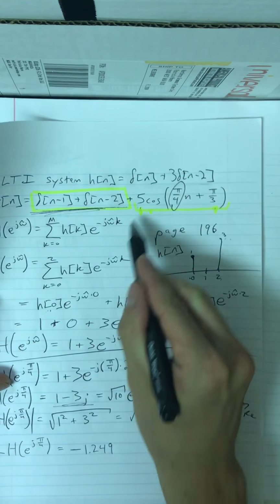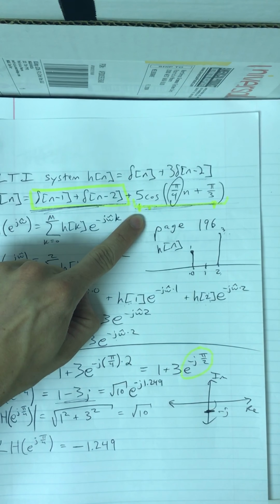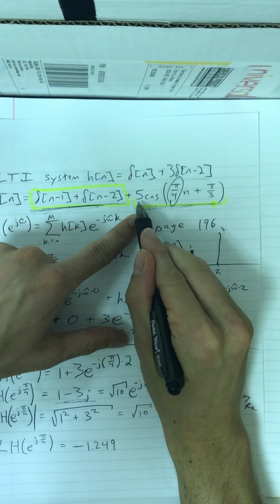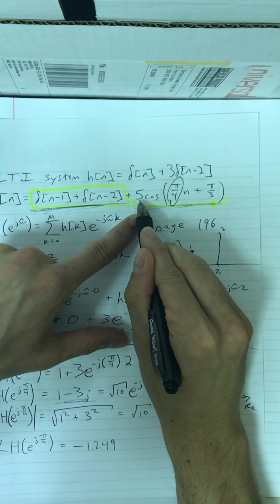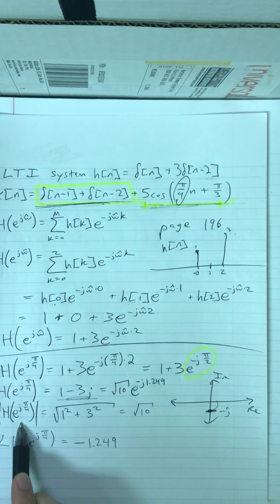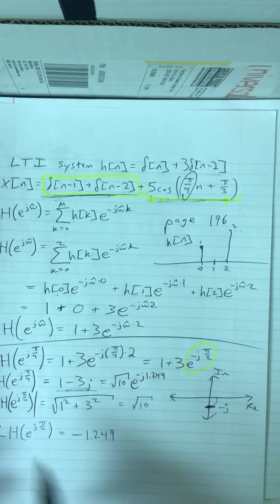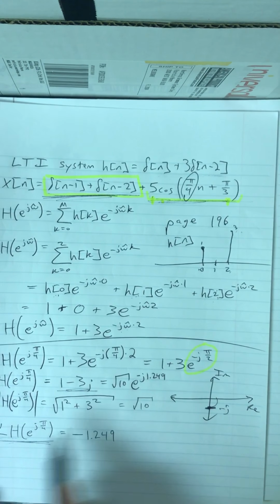And then the output when you send this sinusoid through: when you send this sinusoid through the system, the amplitude is going to be multiplied by the magnitude response. And the phase is going to be added to; you're going to add the phase response to the phase.